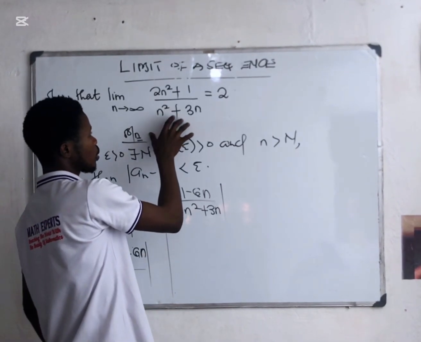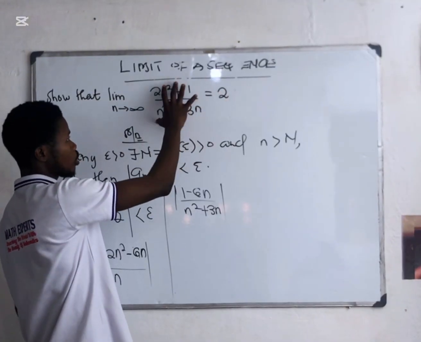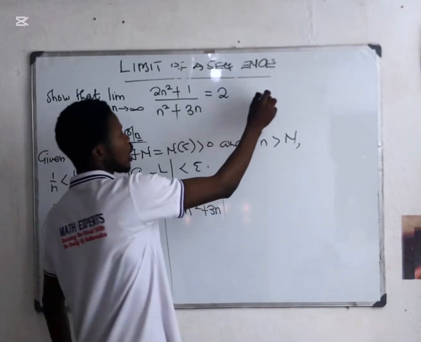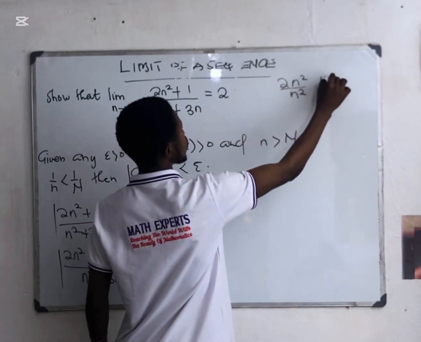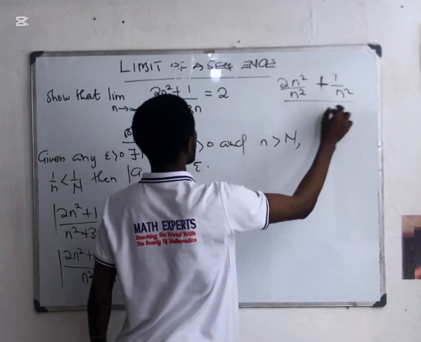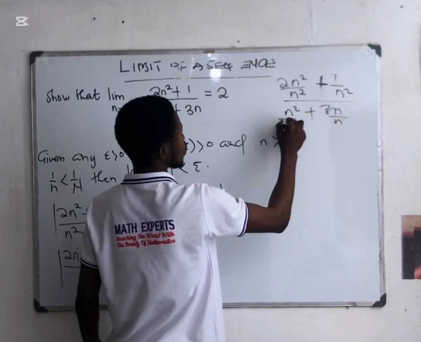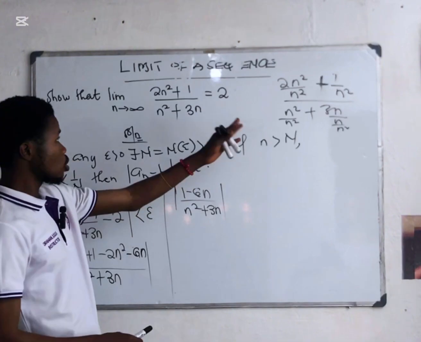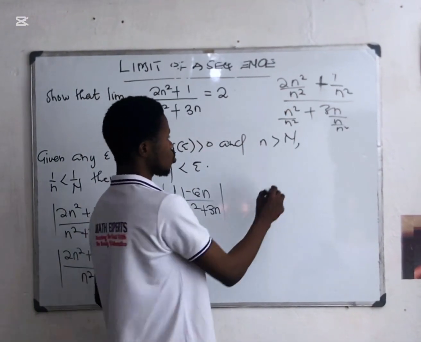If they ask me to solve this without saying show that this limit is equal to this, all I need to do, since n is approaching infinity, is take 2n squared over n squared plus 1 over n squared, all divided by n squared plus 3n over n squared. I hope you know that. So when you do that, this and that will go to 0, leaving 2. I mean, go to 1, leaving 2.